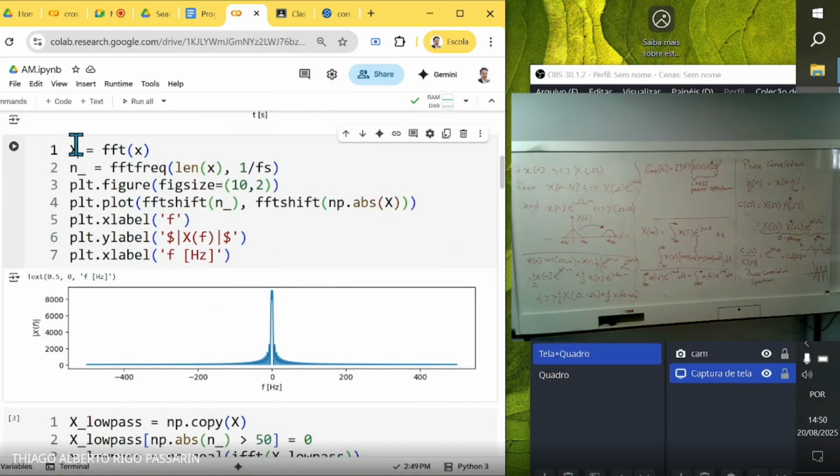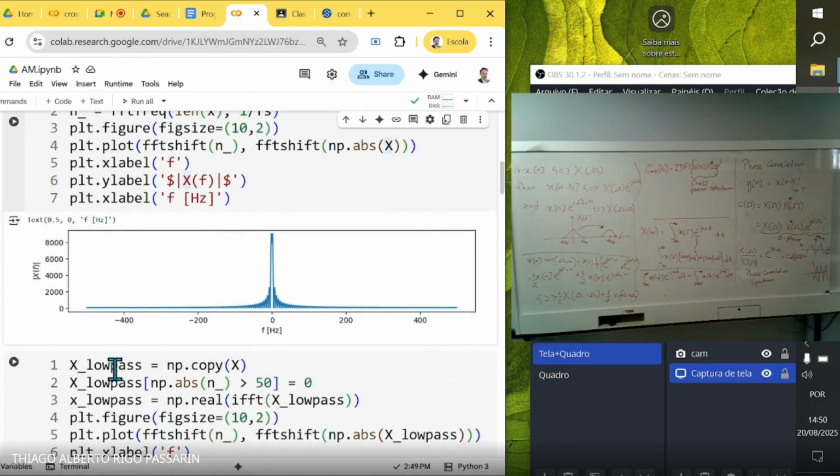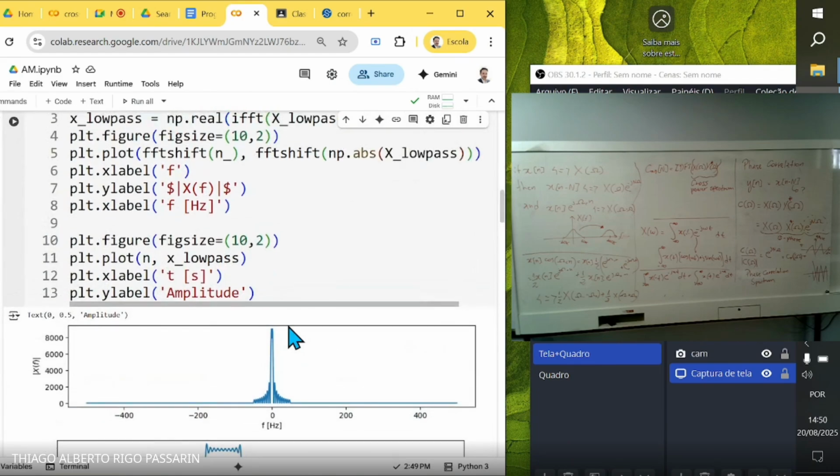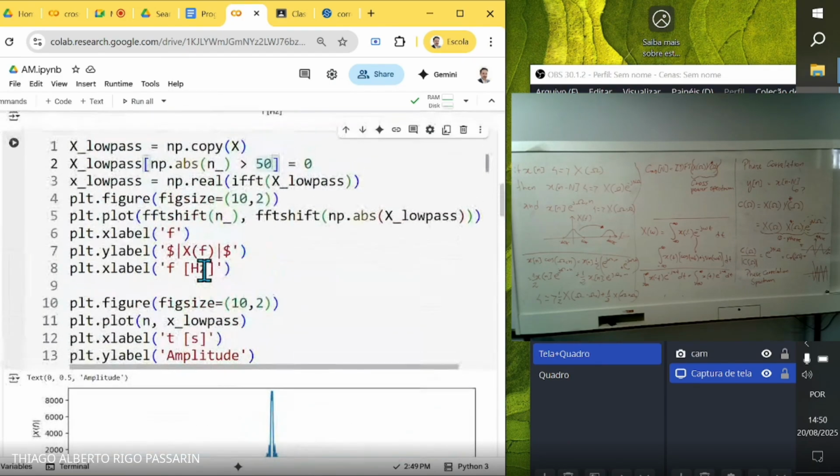Here I did the Fourier transform. Here I'm creating the low pass version where I erase any frequency component above 50 hertz. So the signal will stop here. This is the low pass spectrum. And then I do the inverse Fourier transform, here, FFT, IFFT.